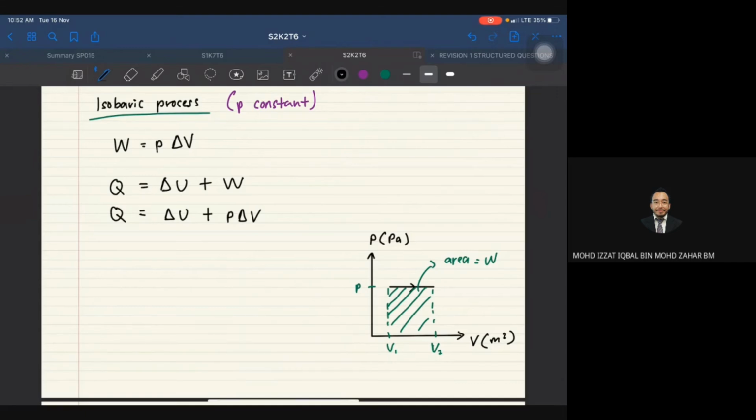Okay. Okay, for isobaric, it obeys law apa ni? P constant, law apa? Charles law.